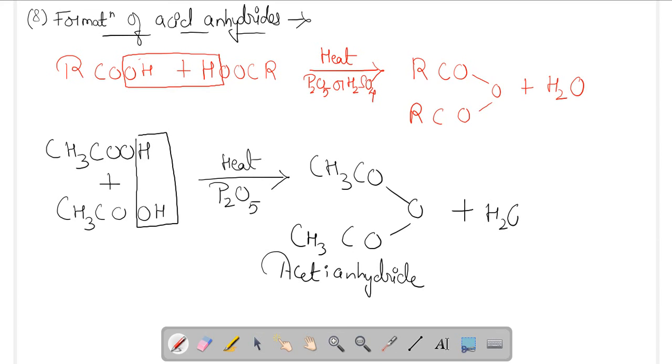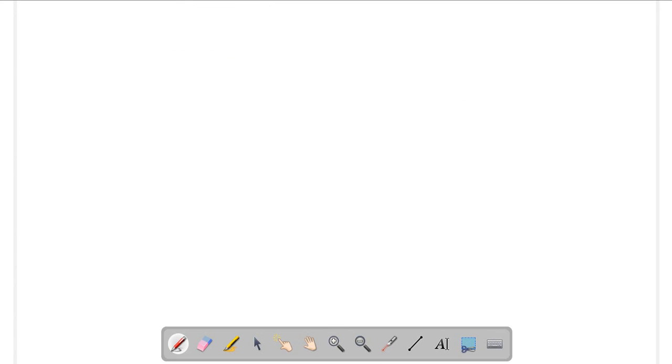Okay. The same reaction will occur for aromatic carboxylic acids. One more example for an aromatic compound here, C6H5COOH, again benzoic acid.